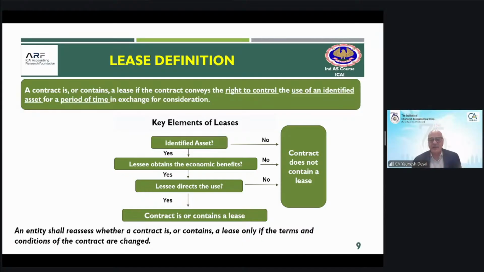So when an asset is identified or specified, concurrently it also means that the lessor does not have the right to exchange this asset for his economic benefit. That means the lessor cannot use this particular Honda car bearing XYZ number for subletting or for giving to others.